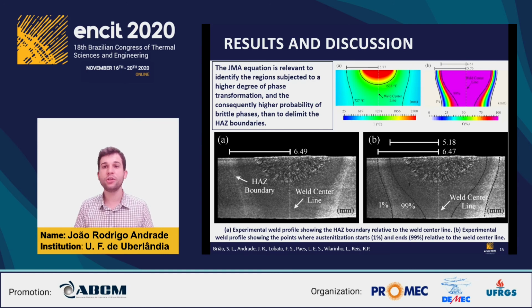Therefore, the implementation of the GMA equation in a numerical model is more relevant to identify the regions subject to a higher degree of phase transformation and consequently higher probability of brittle phase, which is very important for this kind of analysis. Finally, the comparison of experimental and numerical results allowed the validation of the in-house finite volume code developed in the present work.